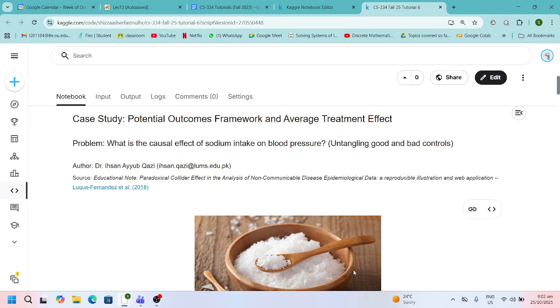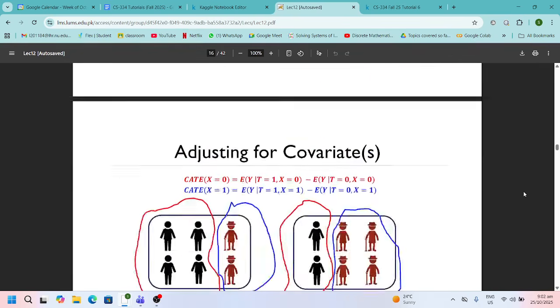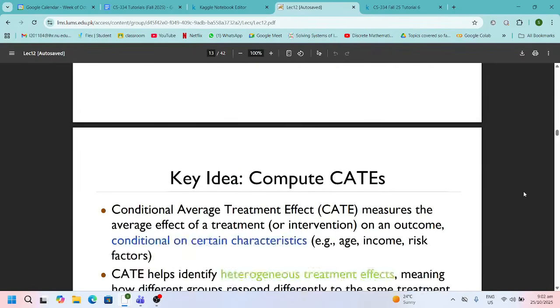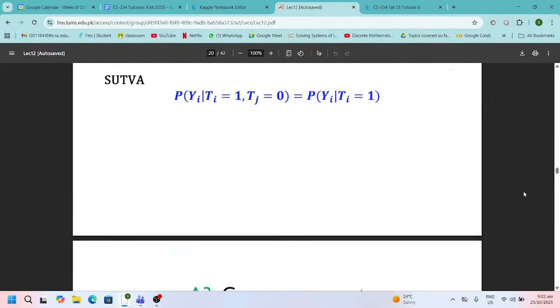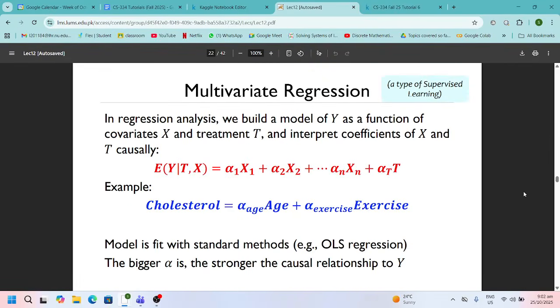With that, we're going to move on to the last notebook that we will be going over in today's session. This covers multivariate regression, but a lot of you may not remember. This is from lecture 12. Revisit it once. When we were looking at average treatment effect, we saw that difference in means is one way of estimating the average treatment effect.